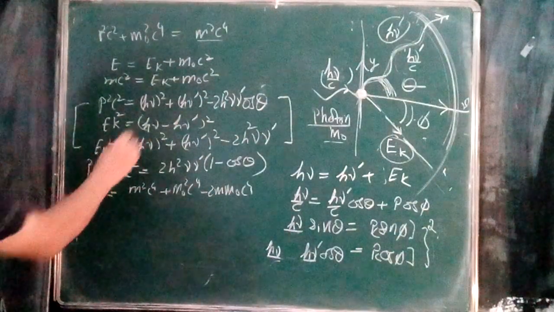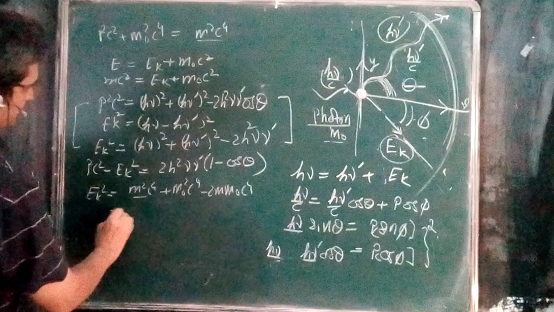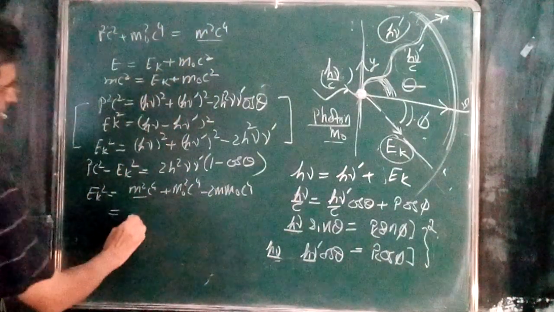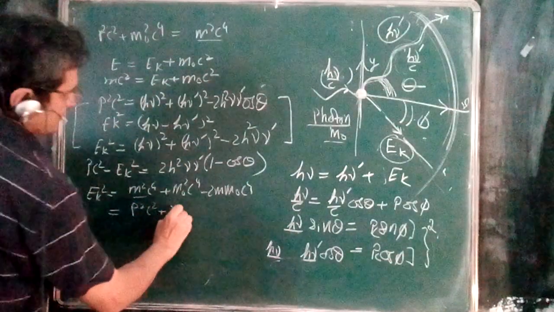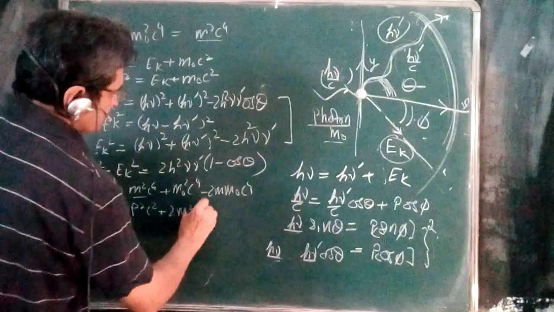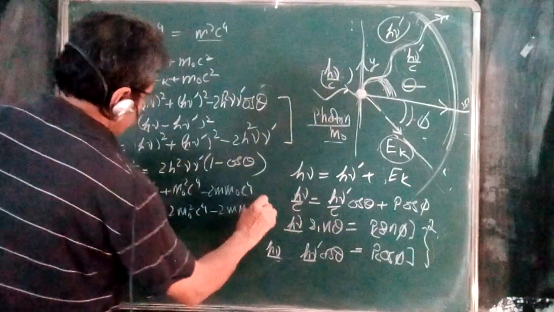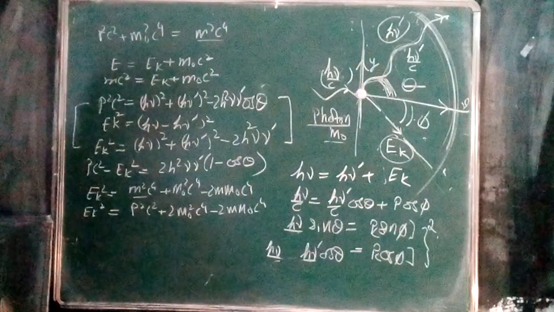And ek square I can replace m square c raised to power 4 by this. So I write p square c square. This becomes twice m0 square c raised to power 4 minus twice m0 c raised to power 4, or ek square is coming this much.